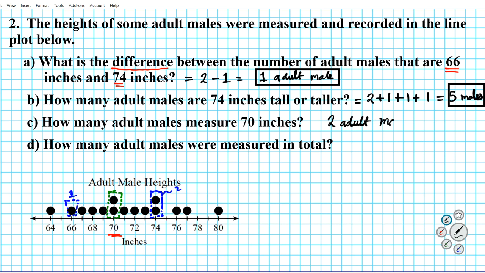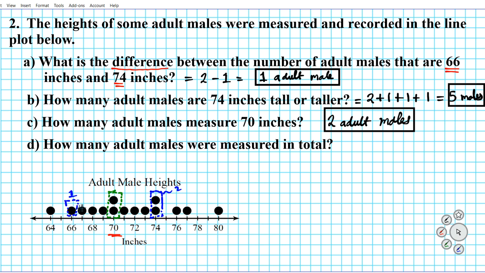All right, the last question is how many adult males were measured in total? So what do we do here? We'll look at the entire range from 64 to 80 and we count the total number of points. Okay, let's do it.